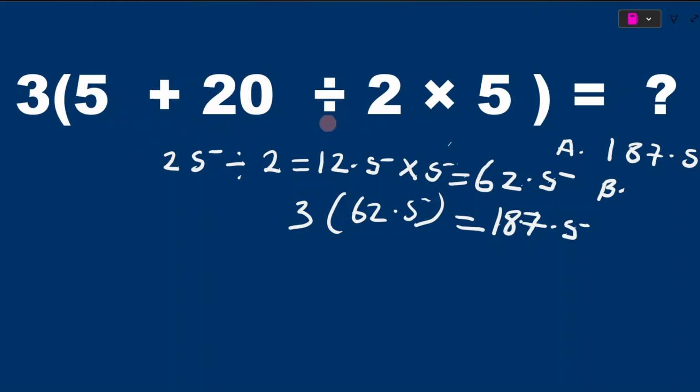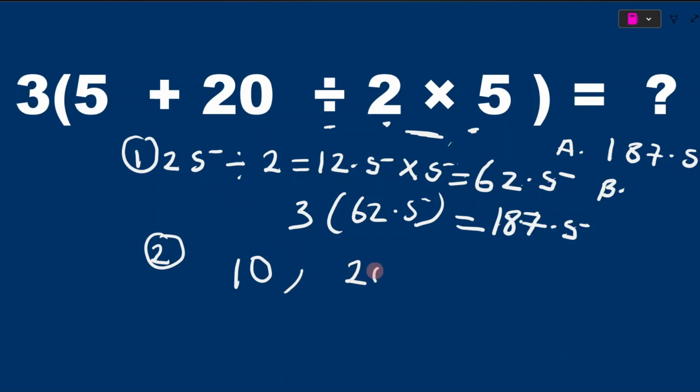We also have another group, group B, that knew that in solving this type of question, multiplication comes before division. So what will they do? They will first of all start by multiplying this out. In group B, we solve the multiplication first by multiplying 2 and 5, and when they do that we have 10. Then they will divide 20 by 10, and they will have 2.